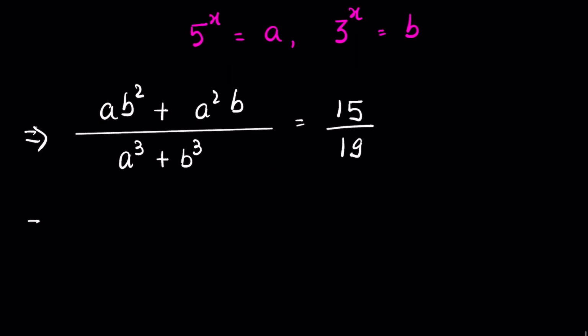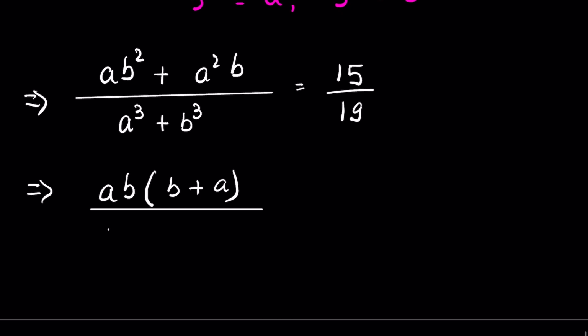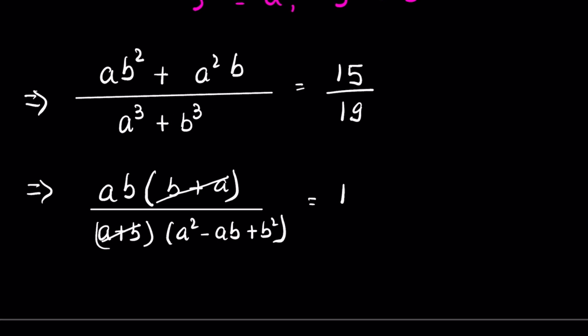Here we can take ab as common and write it as b plus a in bracket, and the formula of a cube plus b cube is a plus b times a square minus ab plus b square. Now this a plus b and this one gets cancelled, is equal to 15 upon 19.